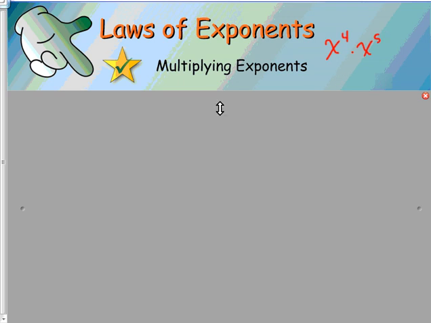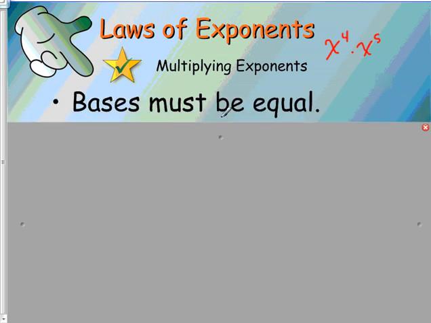All right, so the first step is your bases have to be equal. You have to have, for example, an x and an x. You cannot have an x squared times a y cubed because the bases are not the same. This is not possible. All right? Okay?